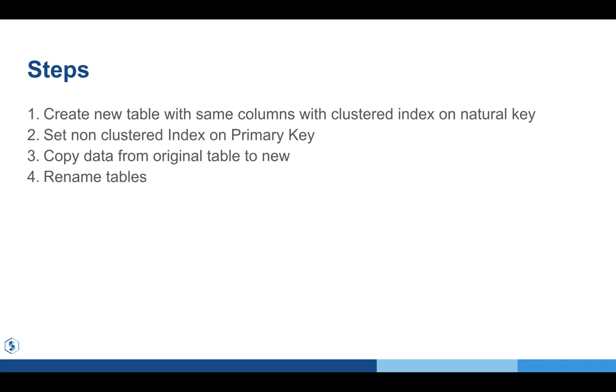and rename the tables. For example, we have our users table. We will need to create users underscore new, then copy all the data into this users underscore new, and then do a table rename. So at the end, we will have users and users underscore old.